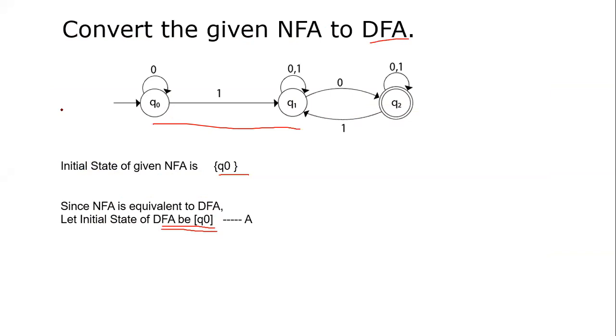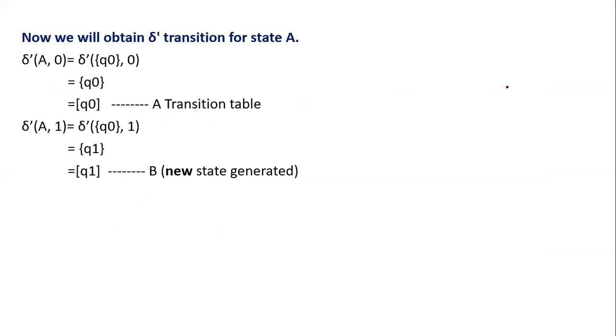Two, yes, 0 and 1. Only two input symbols are there. So for this state Q0, I'm going to read input 0 and input 1 and find the transition function.